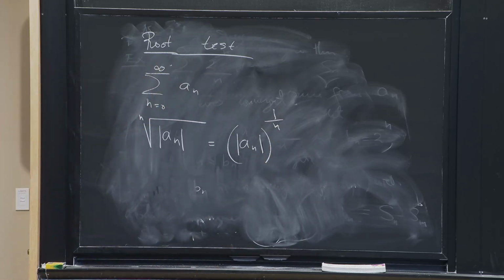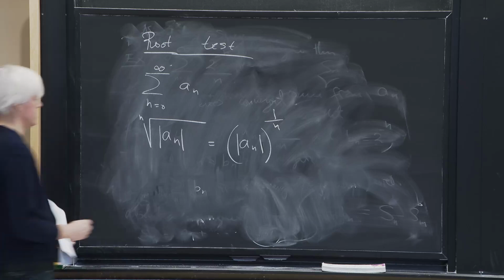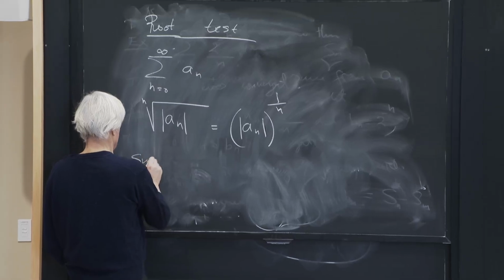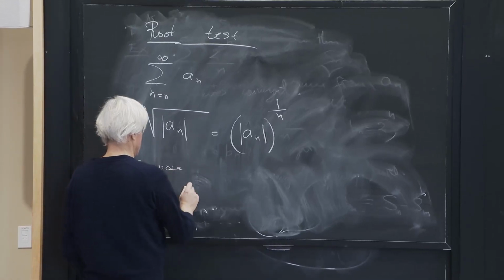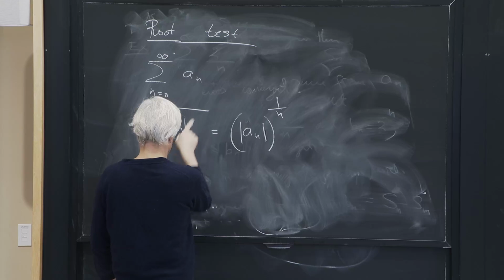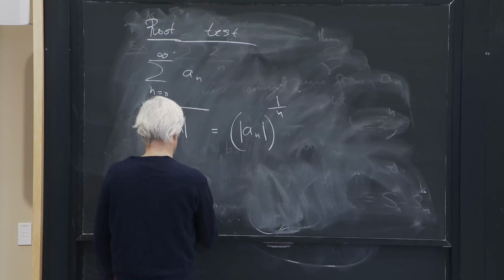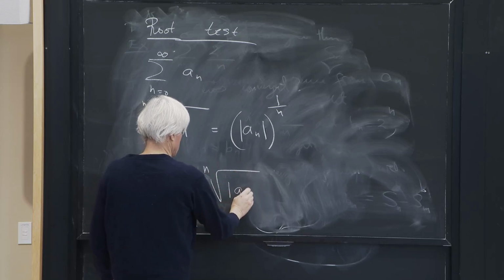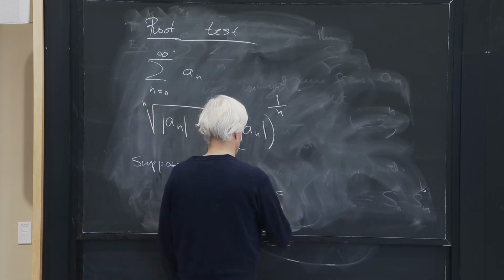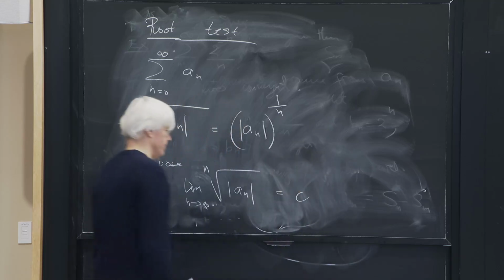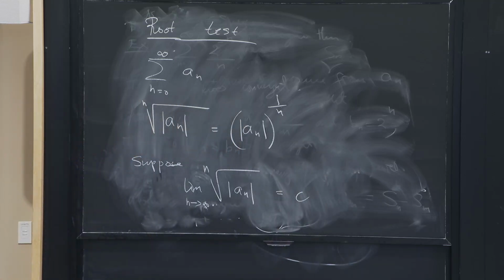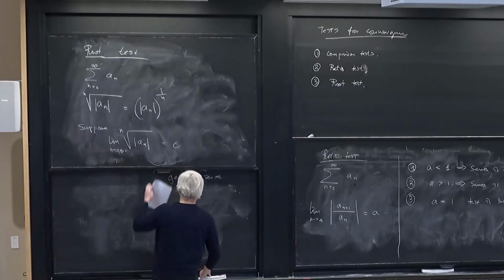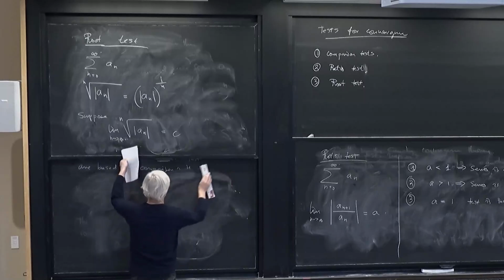So it's dealing with this, and the root test is saying that suppose that when you form this, this has a limit. Suppose that this nth root has a limit, and let's call this limit c. Suppose that you have this. Then it has the same 3 parts as in the previous one.